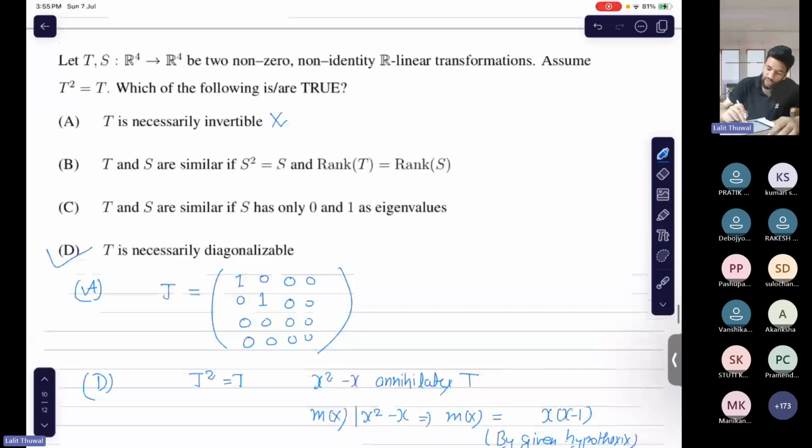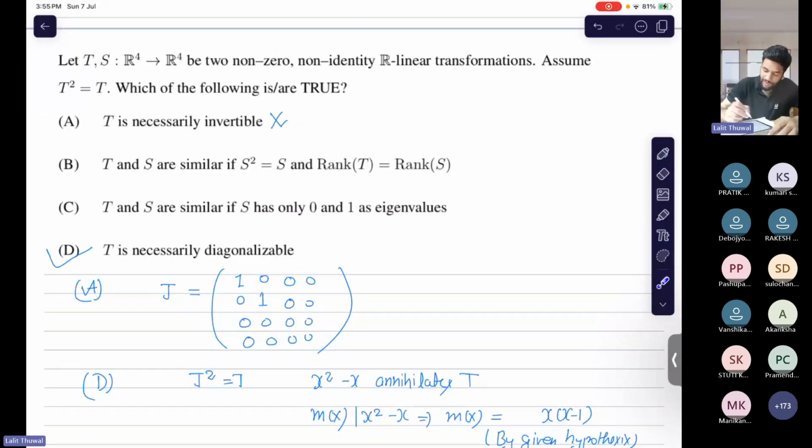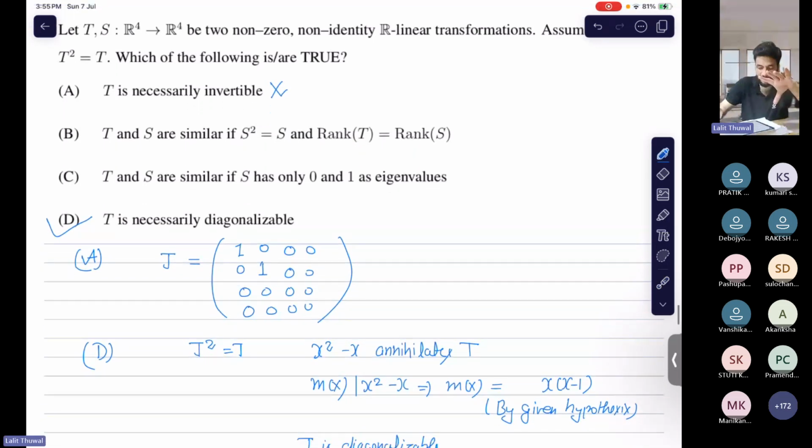Okay. So now what about the second and third option? The second says if S is idempotent and the rank of T and rank of S are equal, then T and S are similar, right?